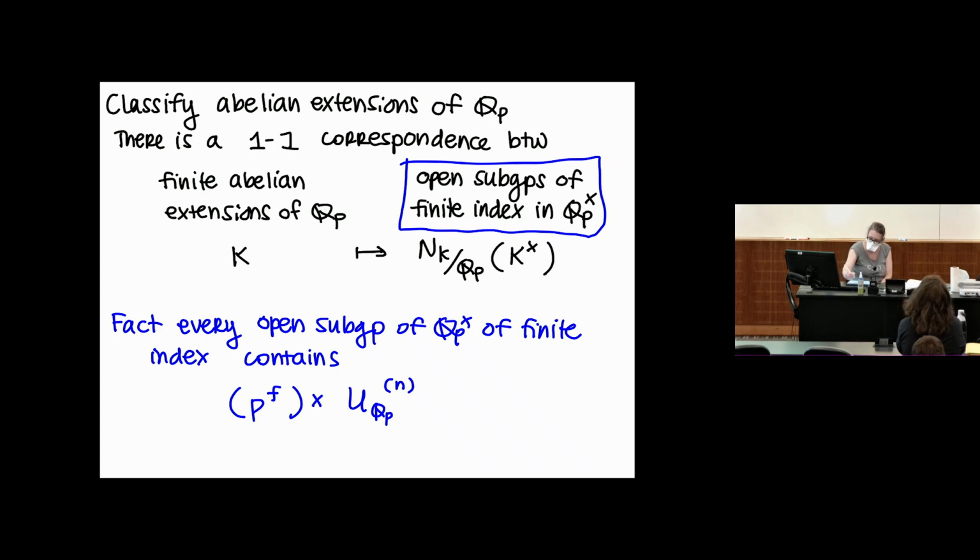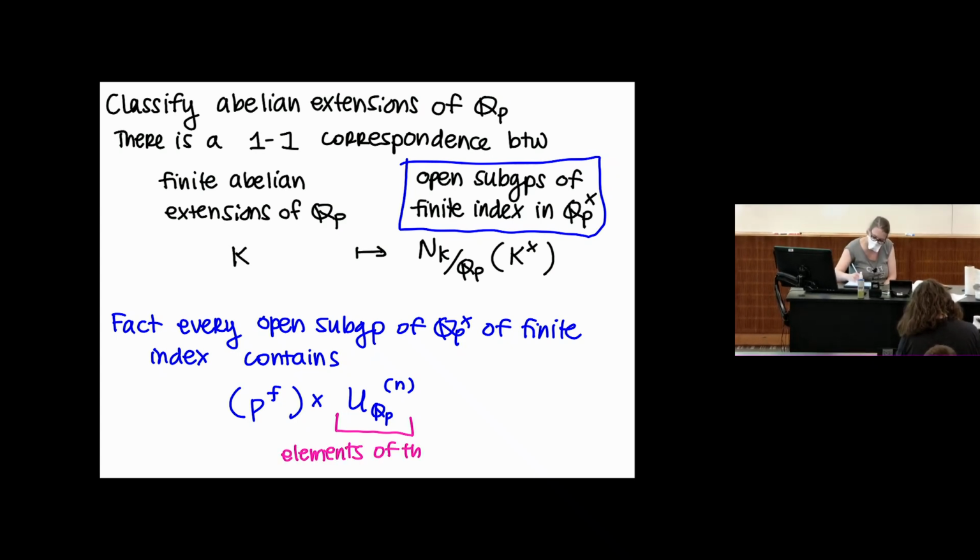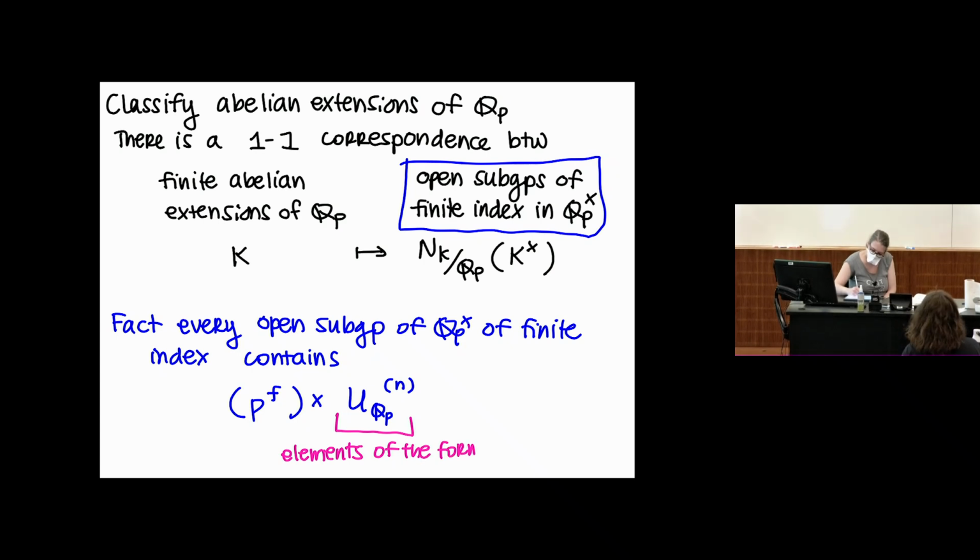where this part is elements of the form 1 plus p to the n times b for b in Z_p. These are the elements that are congruent to 1 mod p to the n.